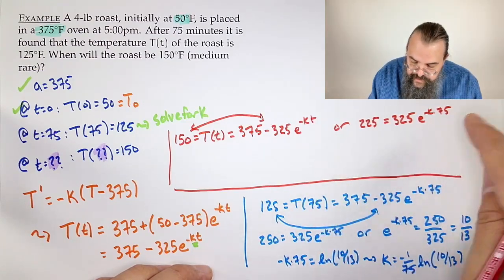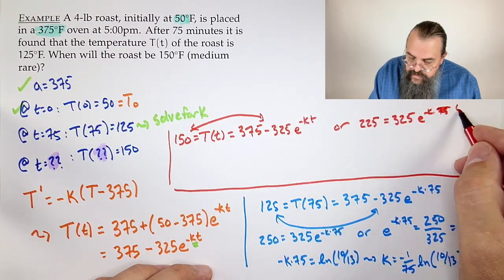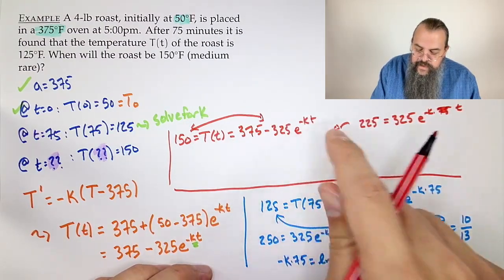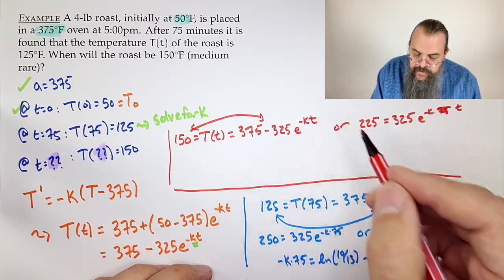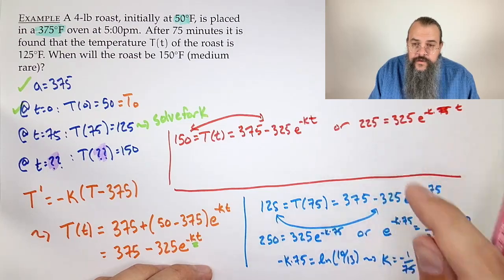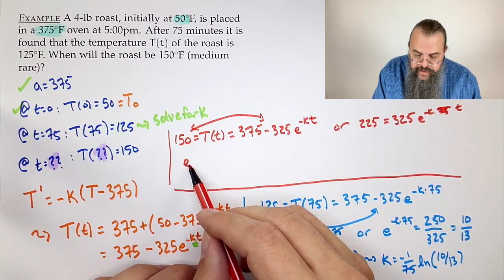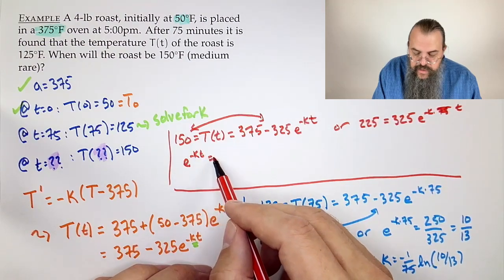Whoops, not 75. Ha ha ha. That's t, excuse me. Right, k times t. There we go. All right, well, divide. 225 divided by 325. Well, we would have e to the minus k times t.